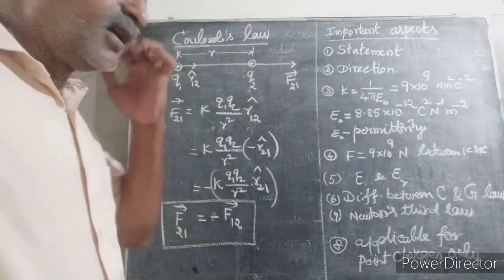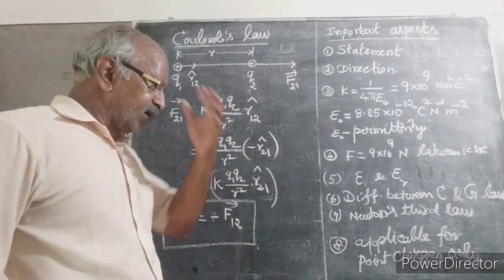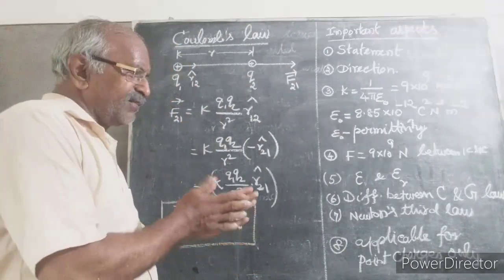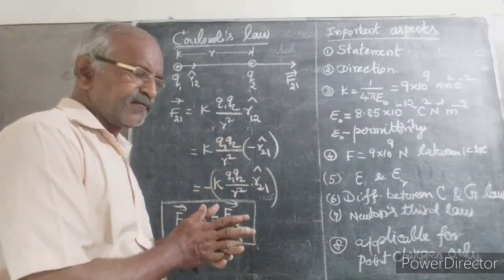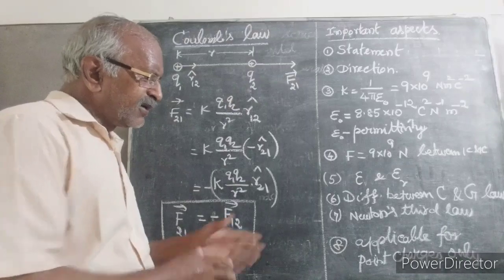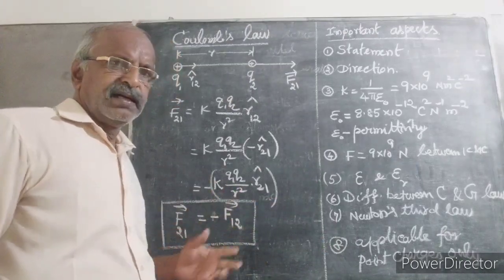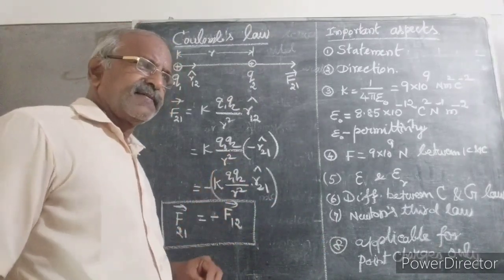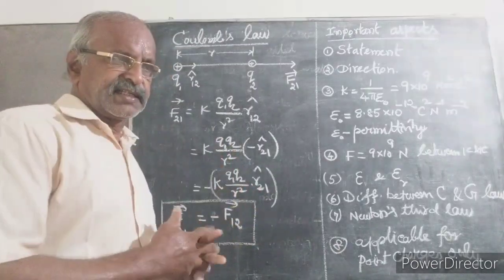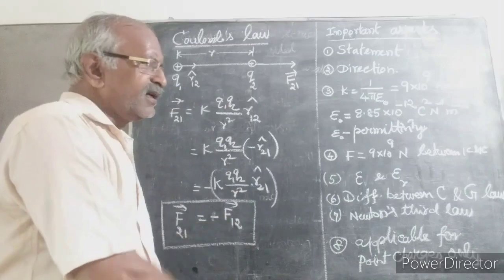But point charges are ideal. No such charges are there. Charges are carried by bodies which have definite size, definite dimensions. But you can apply this law even to charged bodies if the size of the body is very small compared to the distance between the charges. So these are the important aspects.